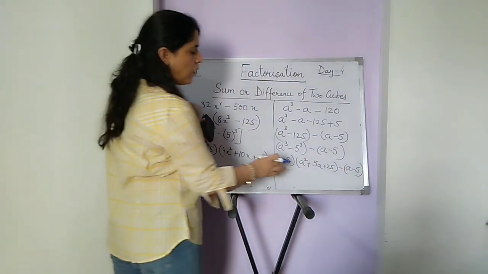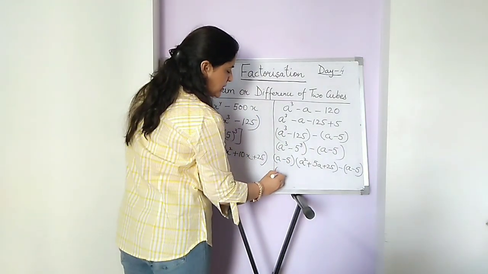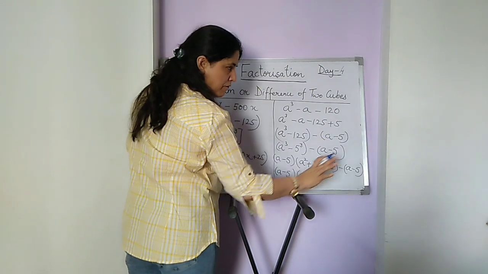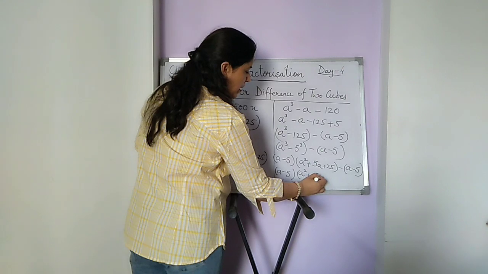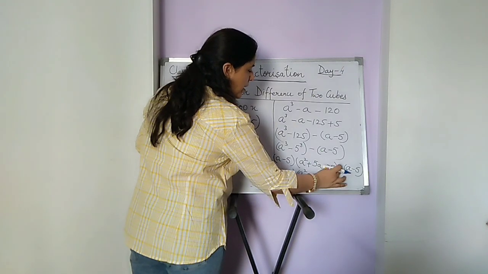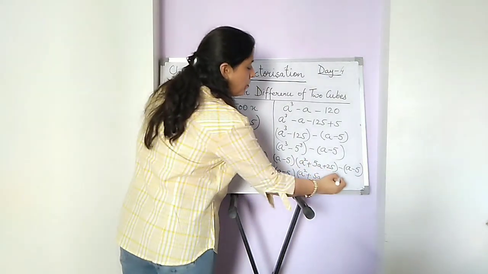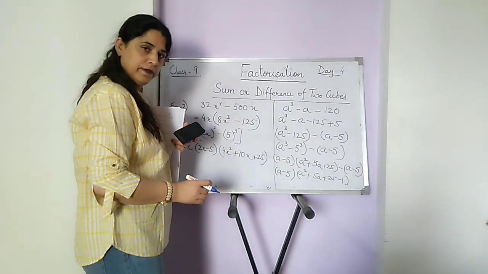Okay. Now we have a minus 5 as the common bracket. So we can write a minus 5. Whatever is left will go inside the other bracket, a square plus 5a plus 25, and since the whole bracket comes out, don't leave it as it is. We'll place 1 here in place of that, minus 1.